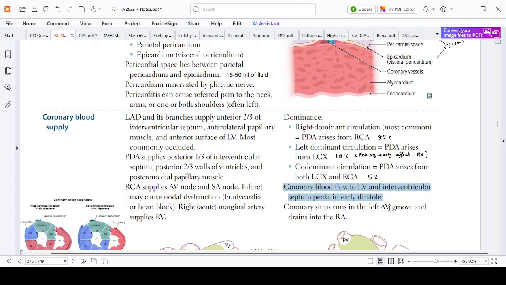Okay. Now moving towards myocardial perfusion. Remember we said that during diastole the LV receives most of its blood supply, and we also know the reason.